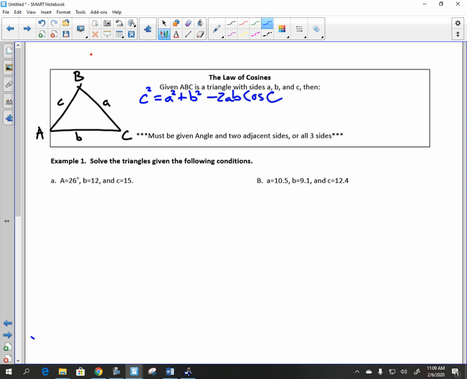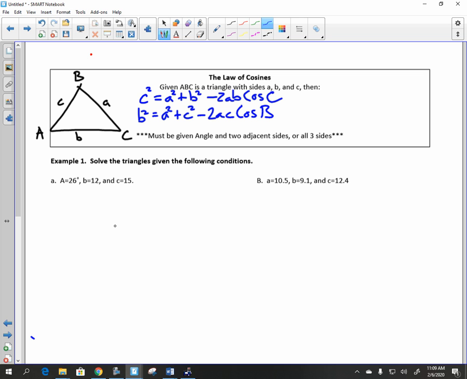So then we could switch it. We could say, well, suppose we want b squared. How do you think the letters change? a squared plus c squared minus 2ac cosine of B. Excellent. Notice that whatever side you're solving for, the angle is what you need.